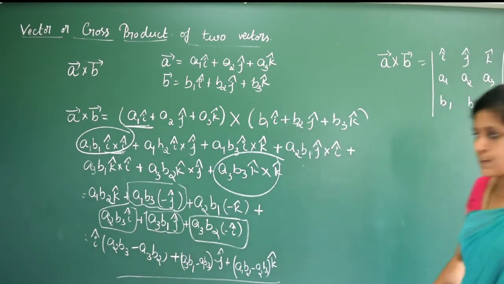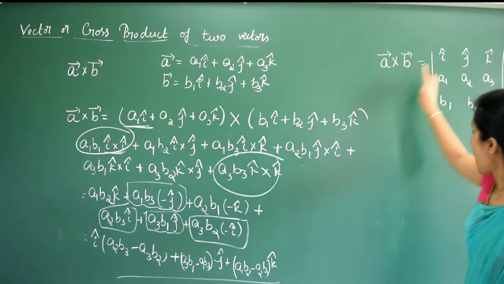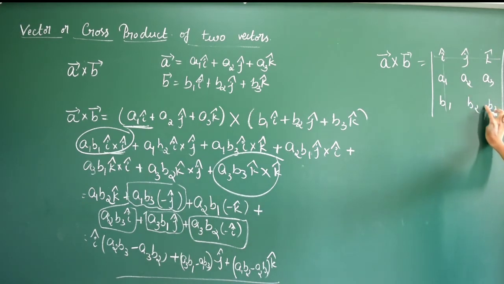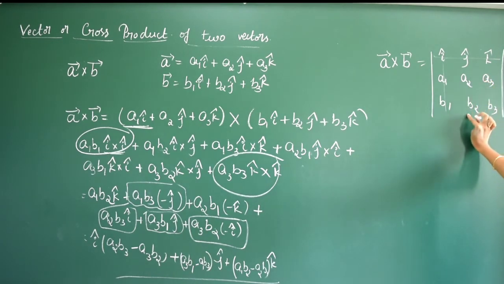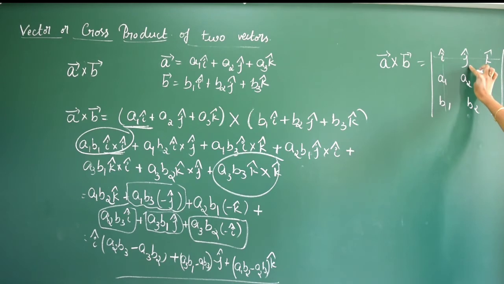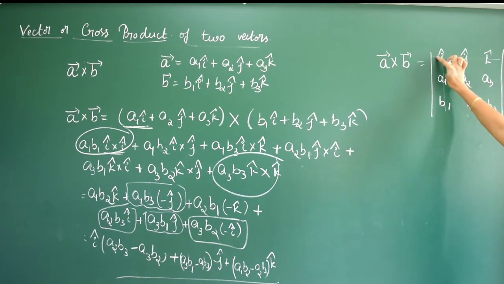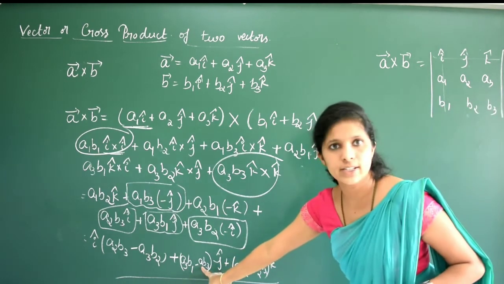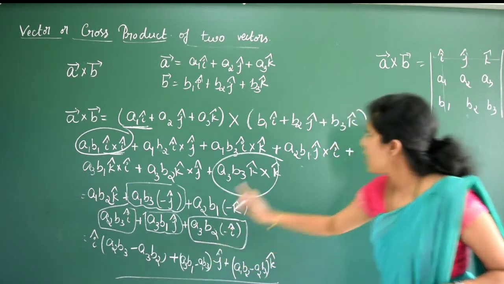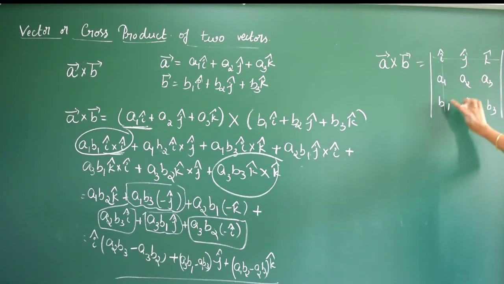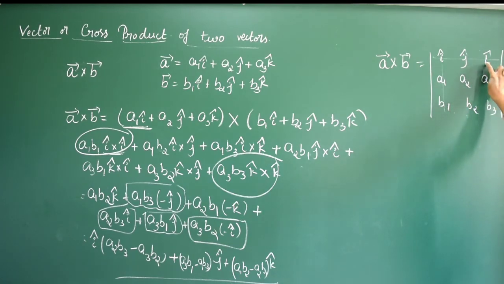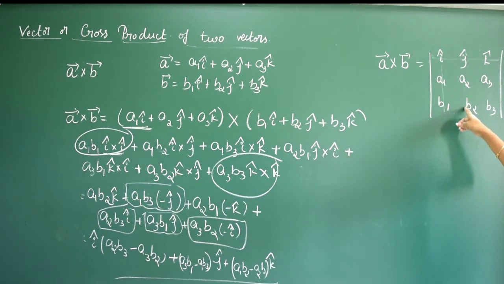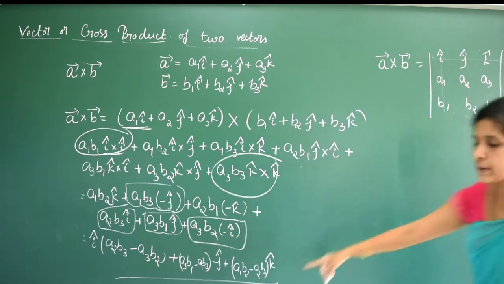If you expand this, obviously you get this one. I cap: delete first row and first column, a2 b3 minus a3 b2. Second will be minus j cap: delete this, b3 a1 is in the beginning because we have to take negative, minus a3 b1. Plus k cap into, delete first row and last column, a1 b2 minus a2 b1.